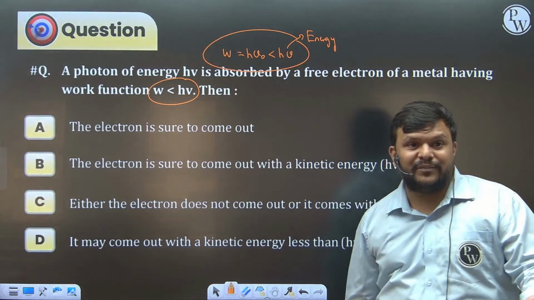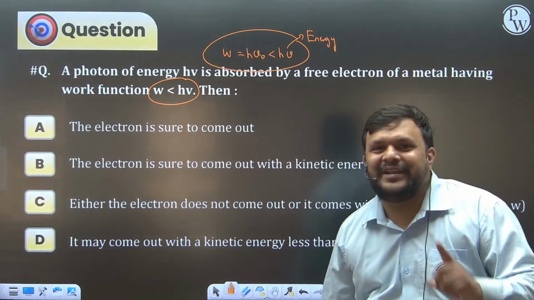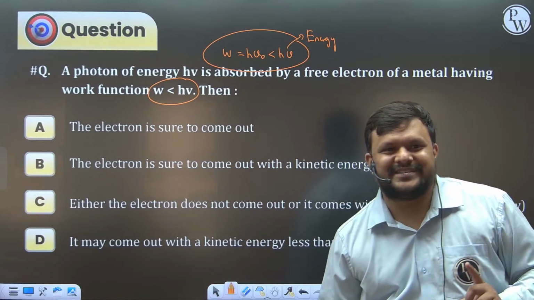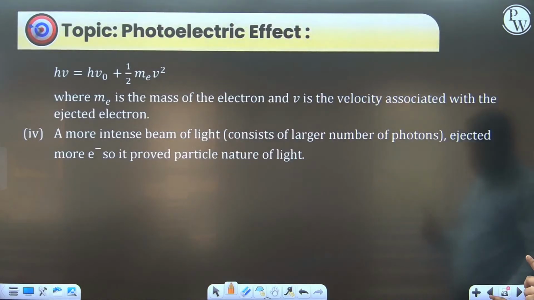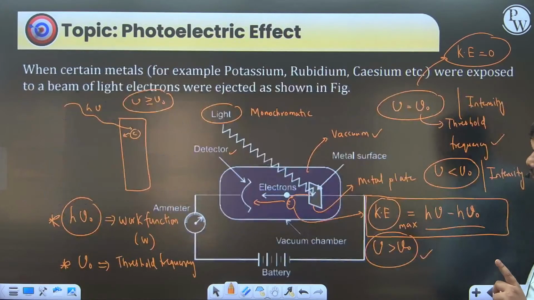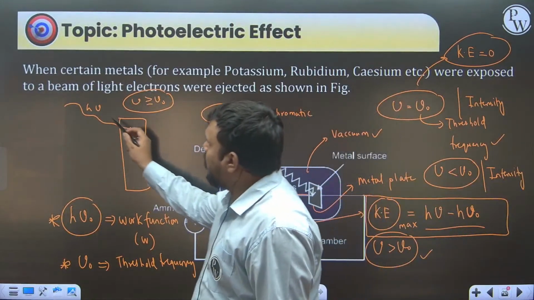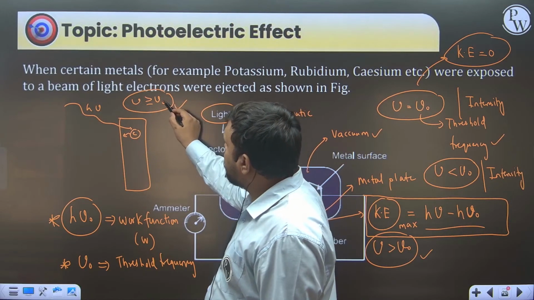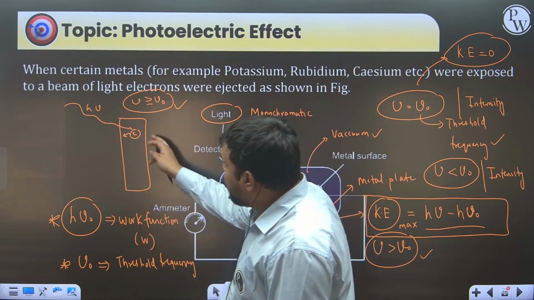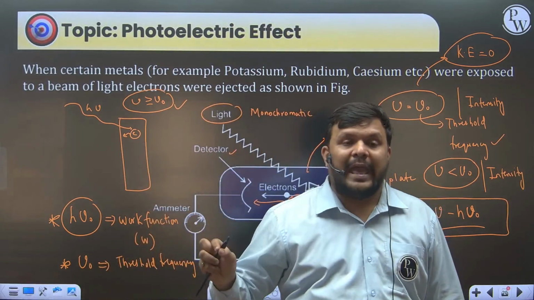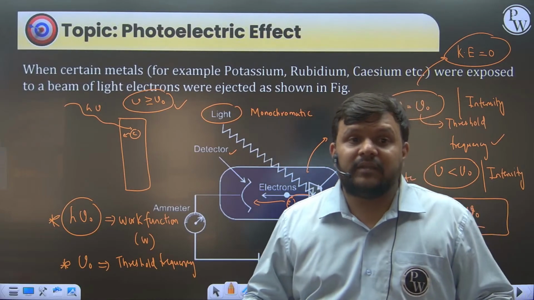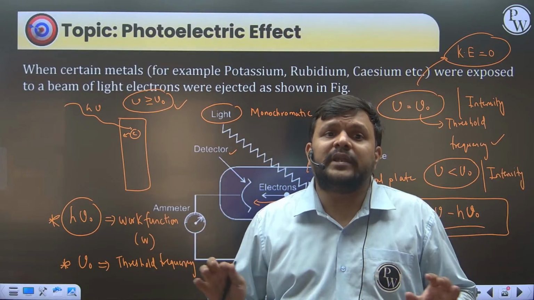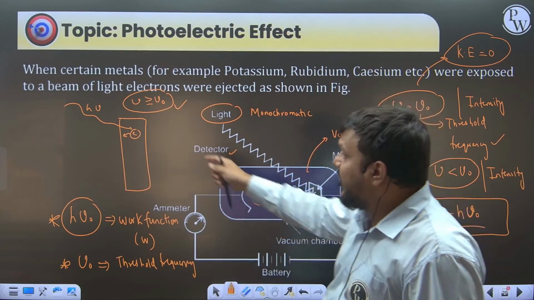So what do you think? Many students think that the electron is 100% going to be ejected, but that is not the case. Just as I discussed over here, beta, if a photon has energy h nu, where nu is greater than or equal to nu naught, it might be a case that this electron, while getting out, has some collisions, and for God's sake, if the collisions are so many that its complete energy is lost, it might get trapped inside.